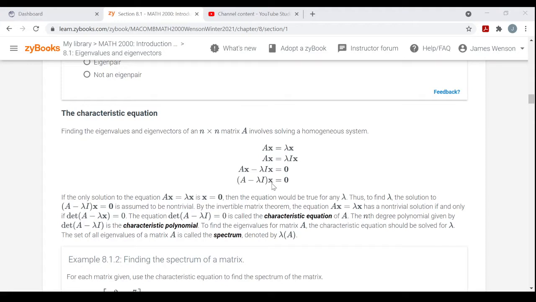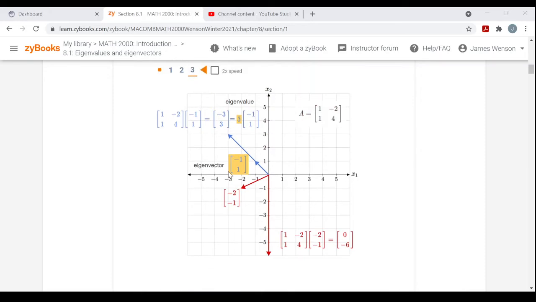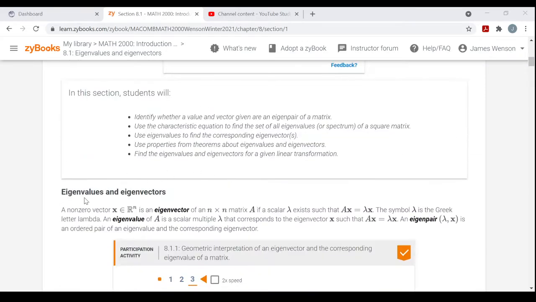Now, again, remember a homogeneous system. The 0 vector will be a solution. Right? The 0 vector is a solution. But eigenvectors, by definition, are non-zero. Right? I pointed that out earlier.